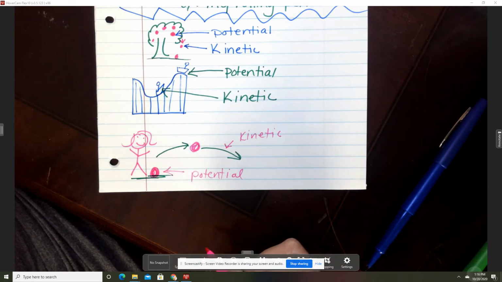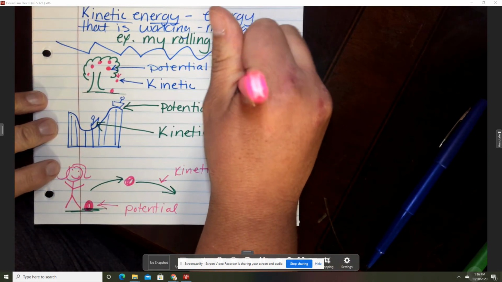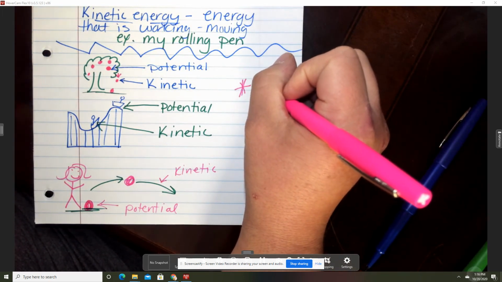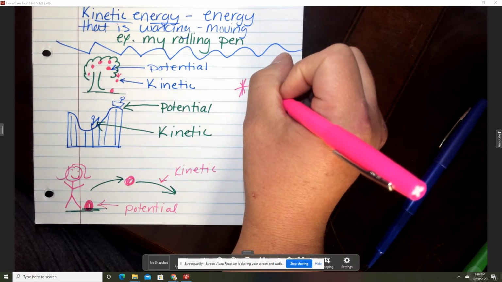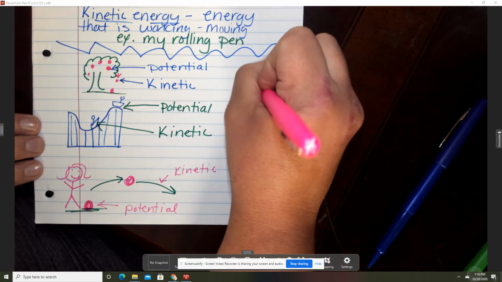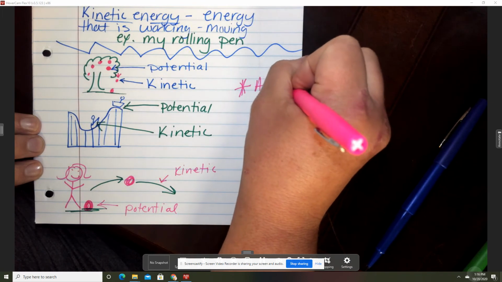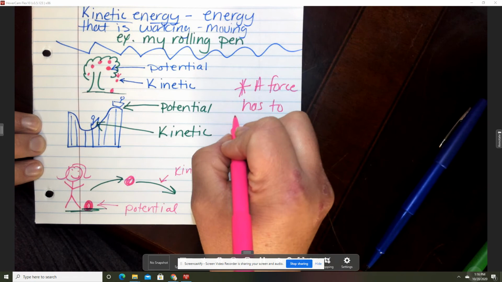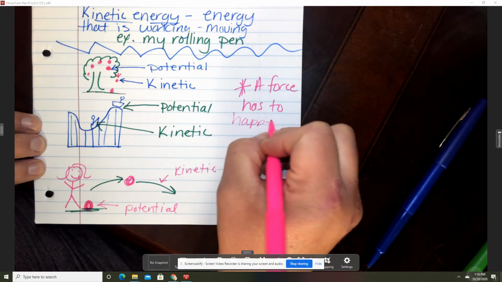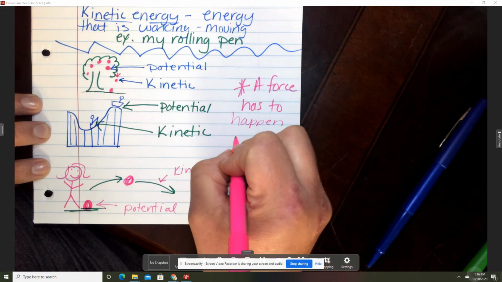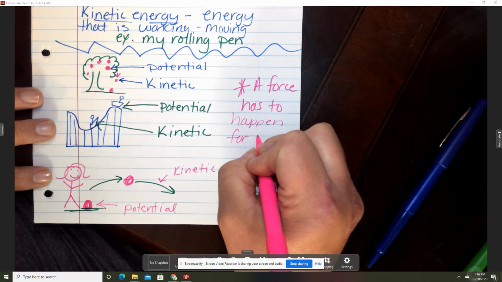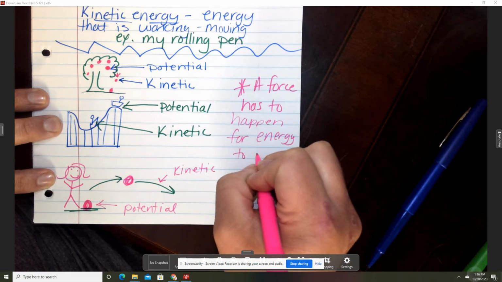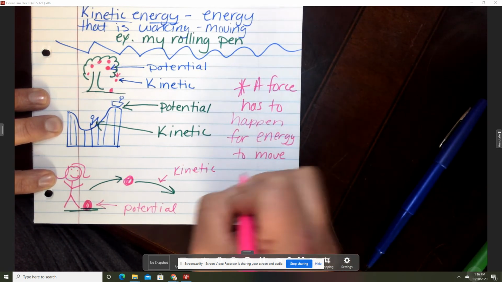It's in motion. So I'm going to put over here to the side that a force has to act upon something to have it moved. A force has to happen for energy to move, or stop, actually.